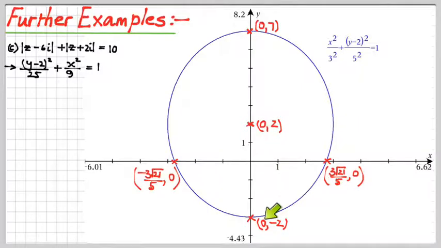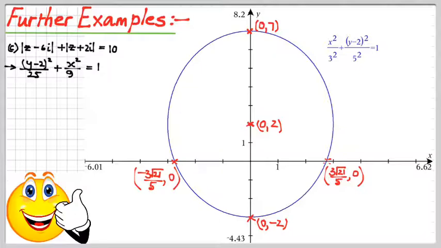So there's your lower vertical intercept, and there's your upper vertical intercept, and you can see that this is the exact equation that we got. So we've got to the Cartesian equation for a vertically based ellipse, where the centre and the foci reside on the vertical semi-axis.